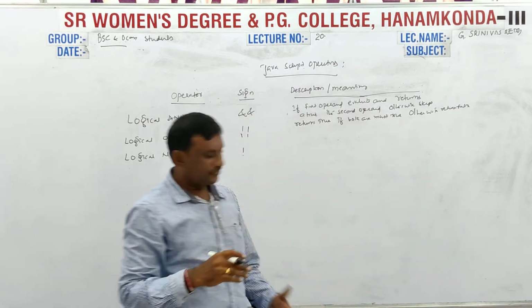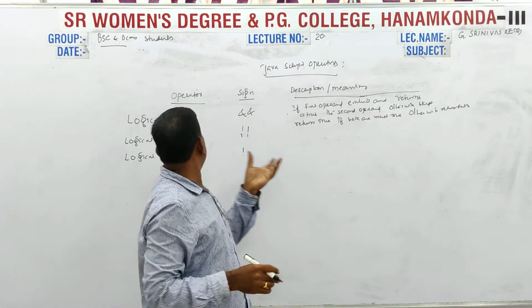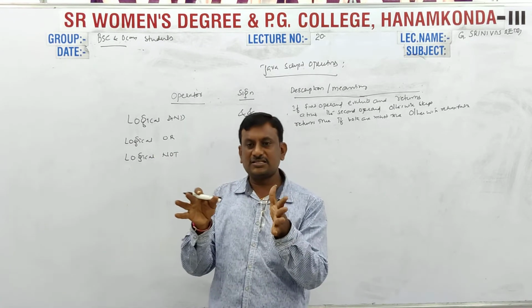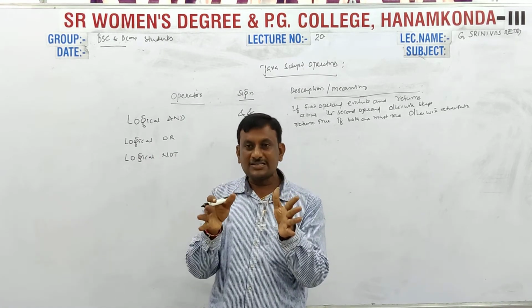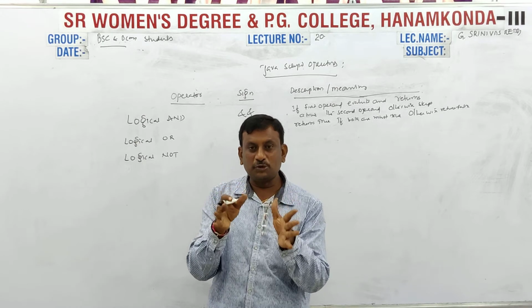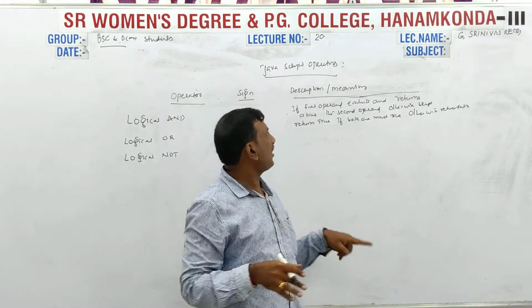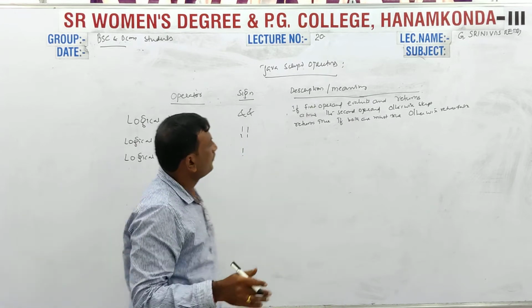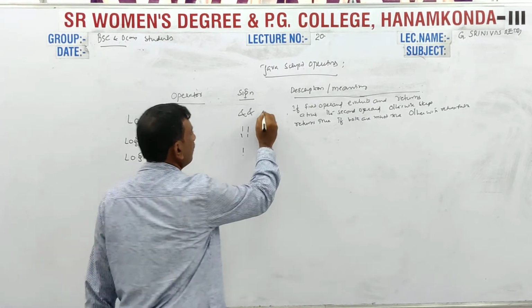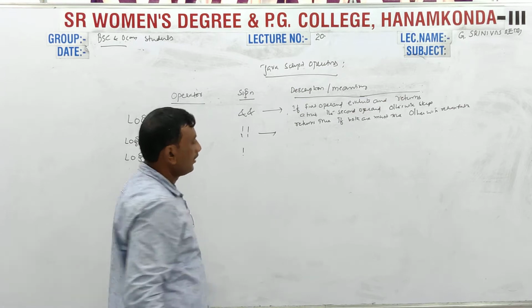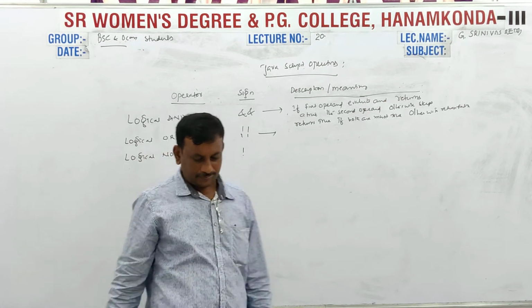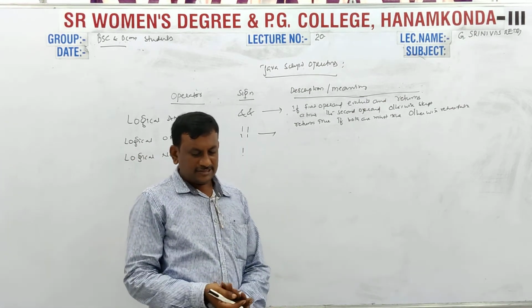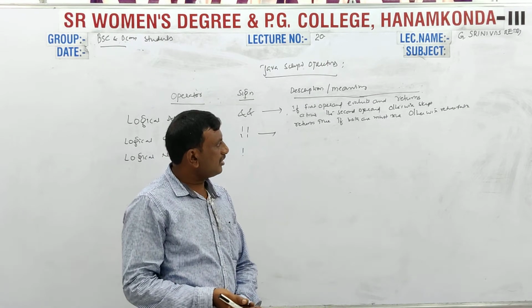Simply put, if both operands or both expressions give a true value, then the logical AND is also true, otherwise false.